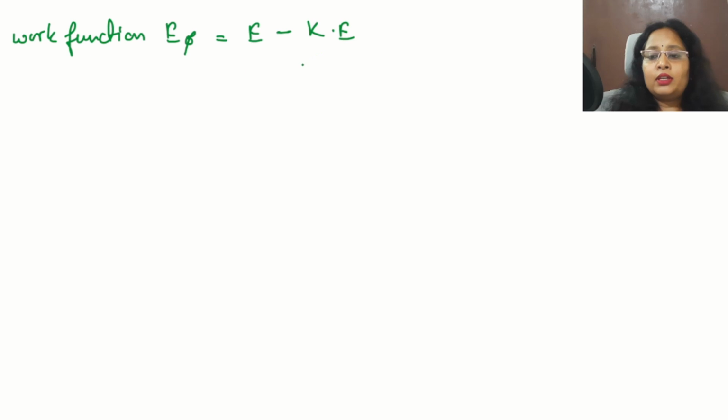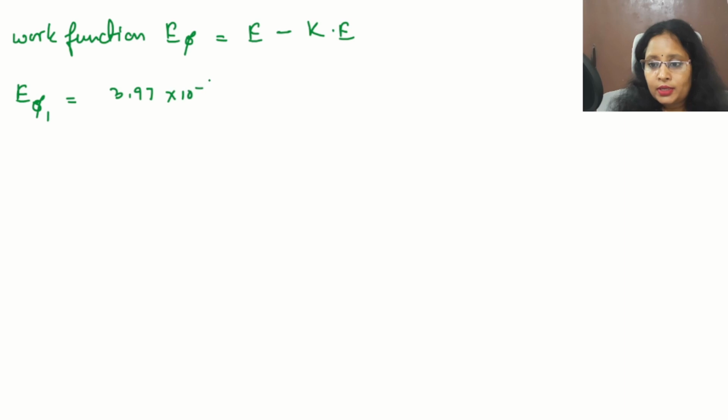If we have three values of energy and three values of kinetic energy, we will again get three values of work function. So we can write E naught 1 is equal to, now we will calculate in the same way, E1. Write the value of E1.